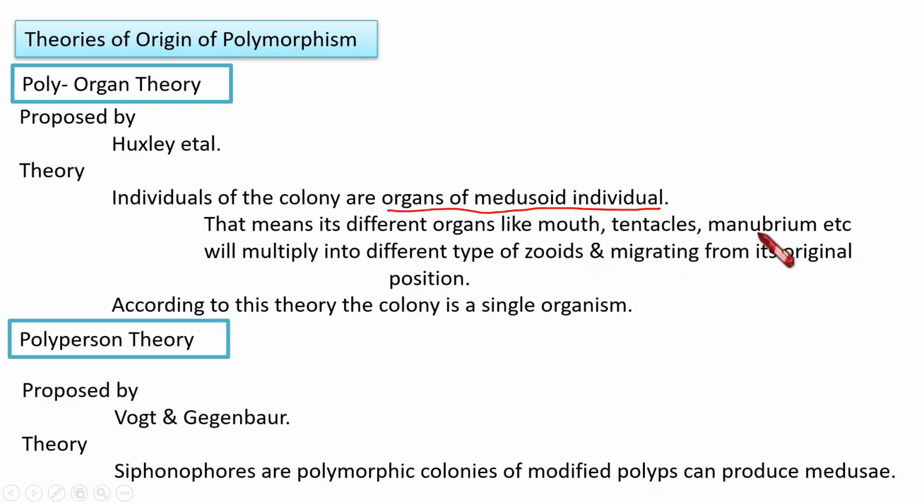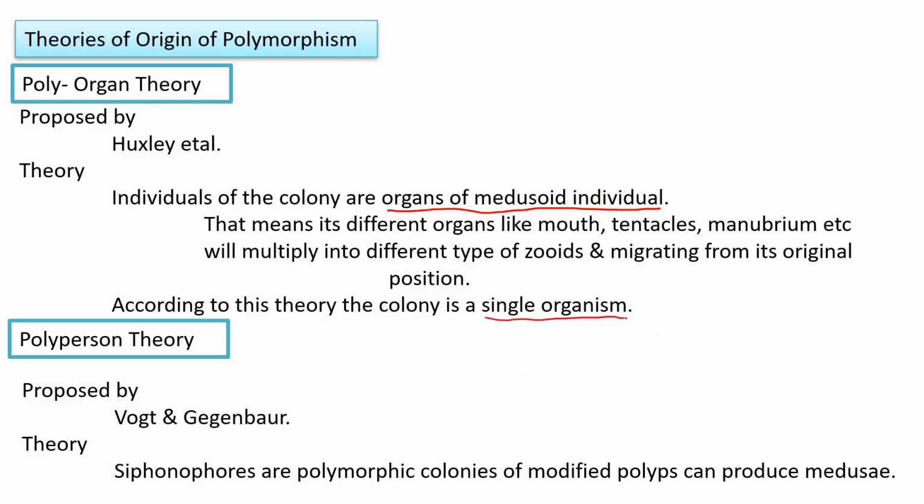All these structures are multiplying and modifying, and they are migrating from their original position and form that colonial-like appearance. And also, that theory is telling that the polymorphism that we are seeing in cnidarians is not a colony, but it is actually a single organism. That is a more important thing.